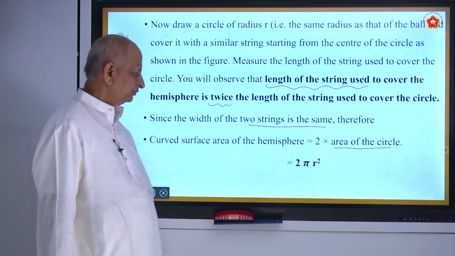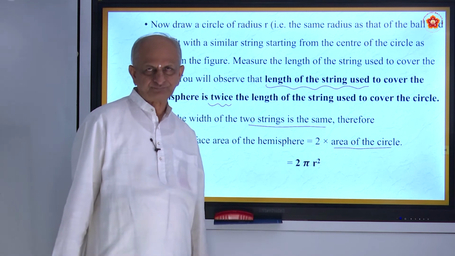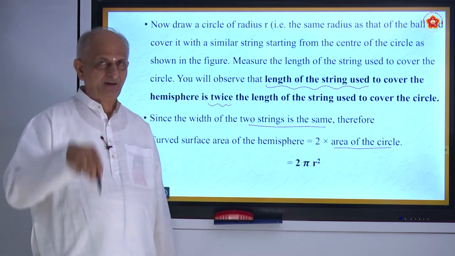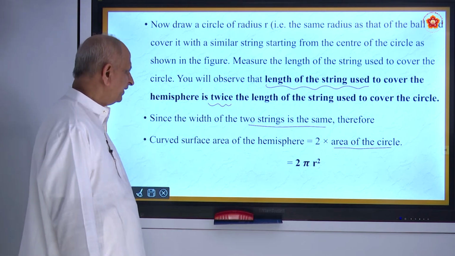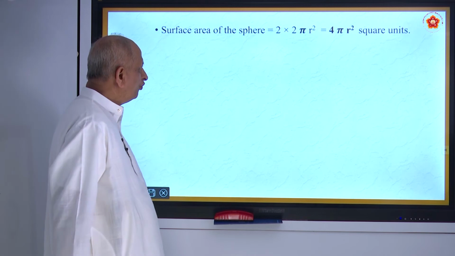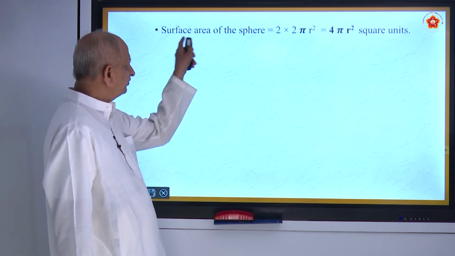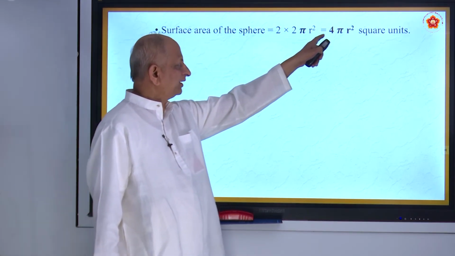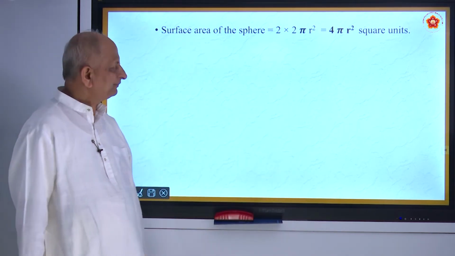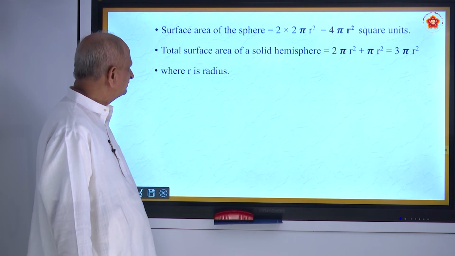Pi r square, so 2 into pi r square. That is for the hemisphere. What about the sphere? Sphere is double the hemisphere, so the area of the sphere becomes 2 into 2 pi r square, that is 4 pi r square. Okay, so that is the formula for that.